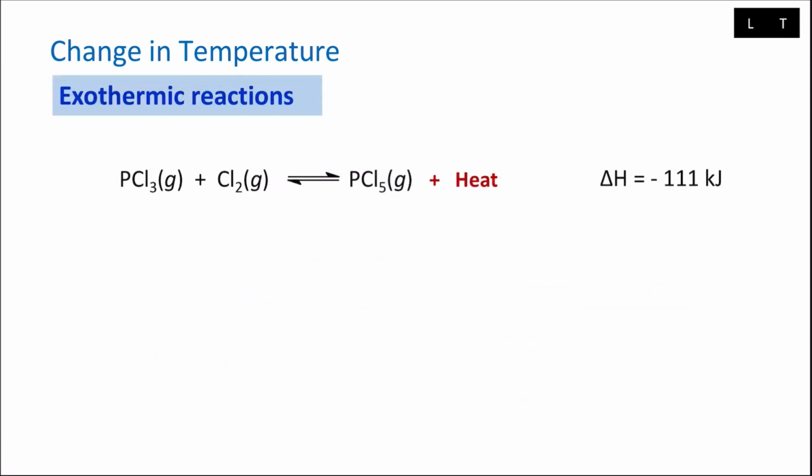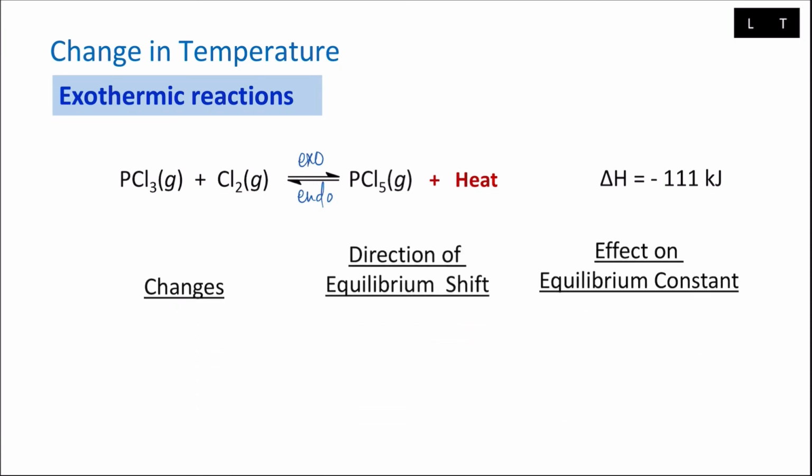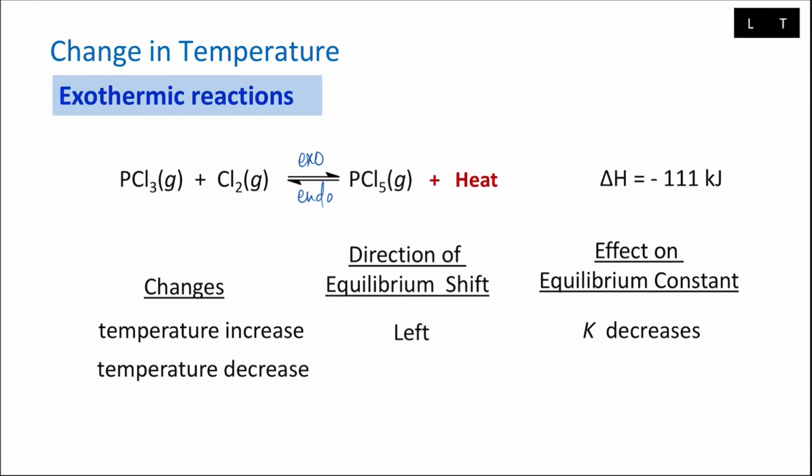So as a summary, we can see from here, untuk forward reaction adalah exo, untuk reverse reaction adalah endo. Sekiranya saya tambah temperature, shifting akan ke arah kiri dan value of K berkurang. Sekiranya saya kurangkan temperature, the equilibrium will shift to the right and the value of equilibrium constant K bertambah.